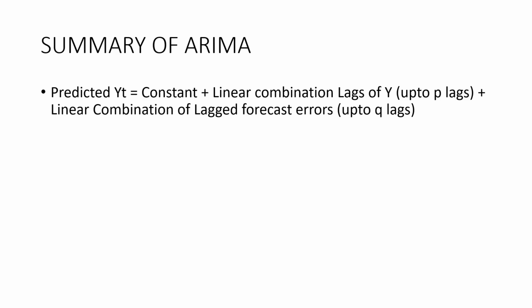The summary of the ARIMA model, that is, the predicted Yt, is equal to a constant plus a linear combination of lags of Y up to p lags plus a linear combination of lagged forecast errors up to q lags. The objective is therefore to identify the values of P, D, and Q.